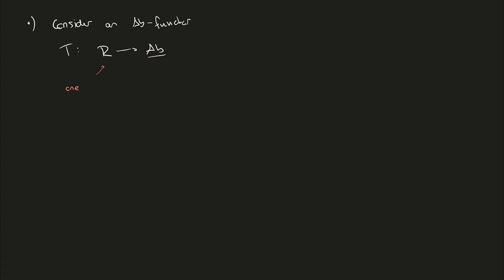So R is a one-object Ab category, and this is the category of abelian groups enriched over itself. As a reminder, this is possible because the Hom set between any two abelian groups also has an abelian group structure. Now let's think about what T does.